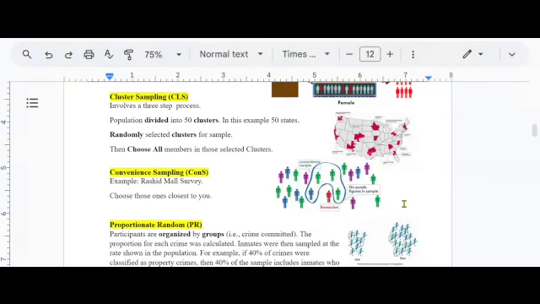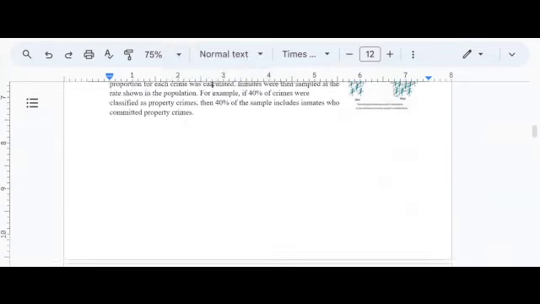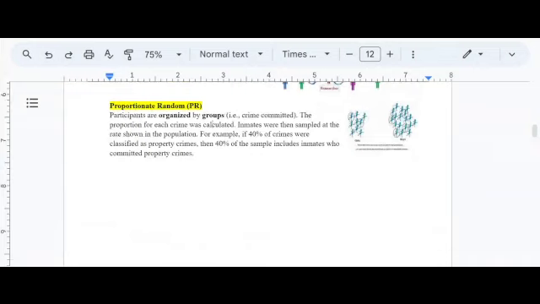Next one, proportion. Of course, there are more than this. What does proportion mean? Let's say, for example, participants are organized by groups, like crime committed. The proportion of each crime was calculated. Inmates were then sampled at the rate shown in the population.